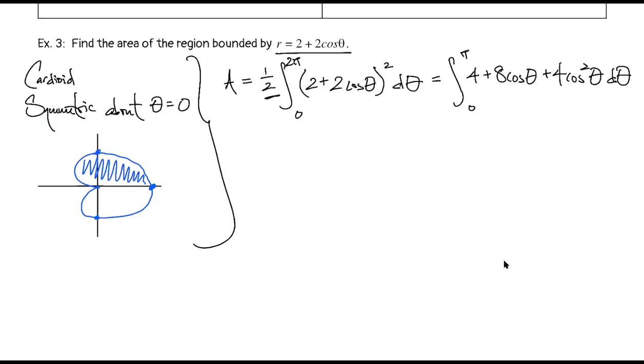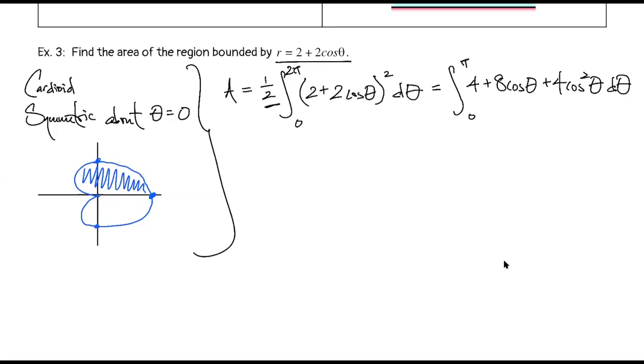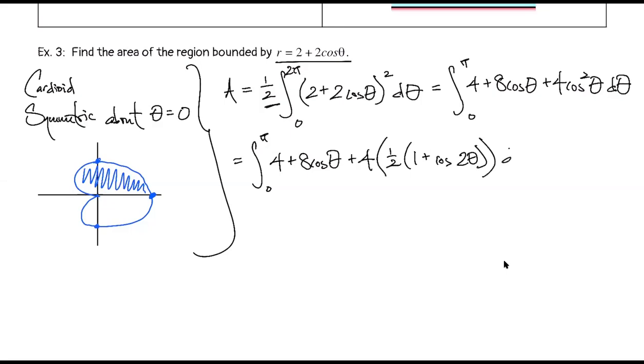So these kinds of integrals seem a little familiar to us. The 4 has no problem. The 8 cosine theta has no problem. The cosine squared is the problem. So instead of cosine squared, I'm going to write 1/2 times 1 plus cosine 2 theta d theta.